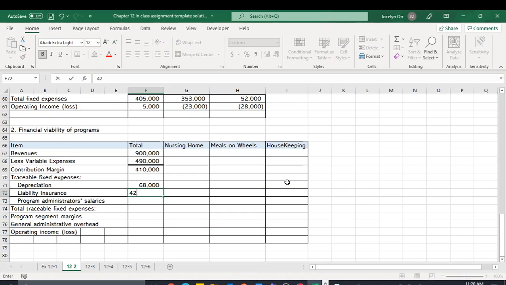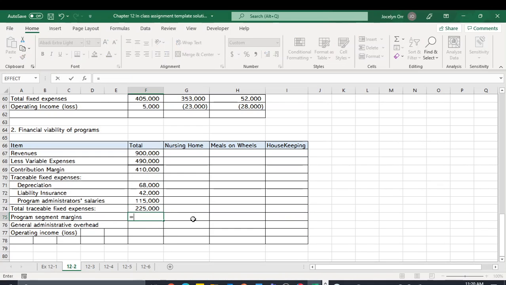Our liability insurance, our program administrator salaries, our program segment margins. And then we have general administrative overhead.